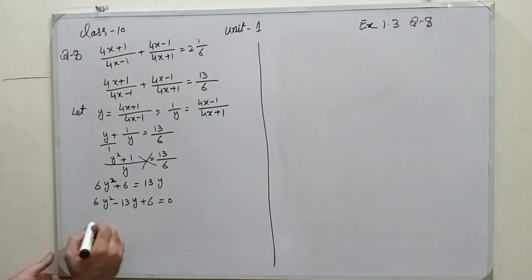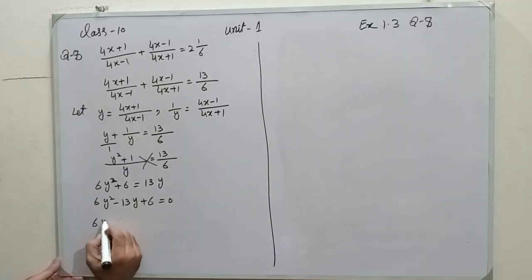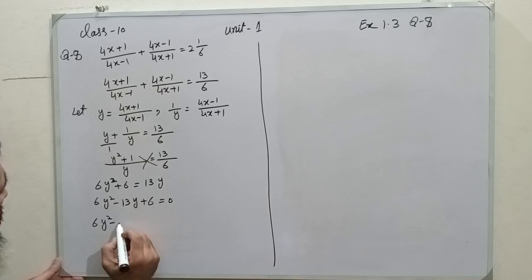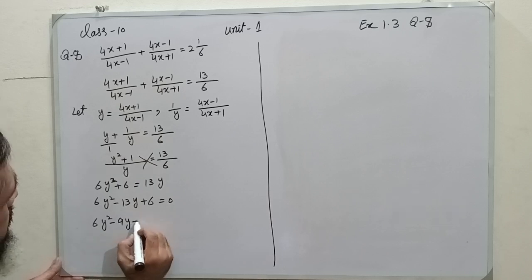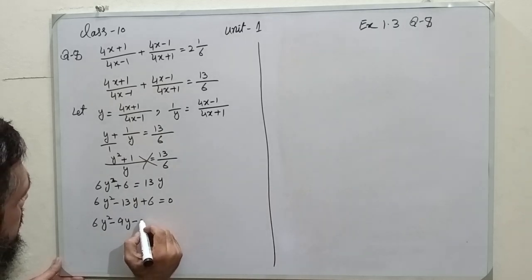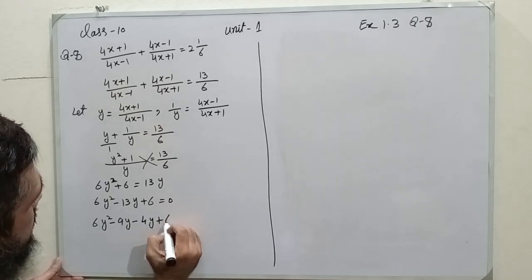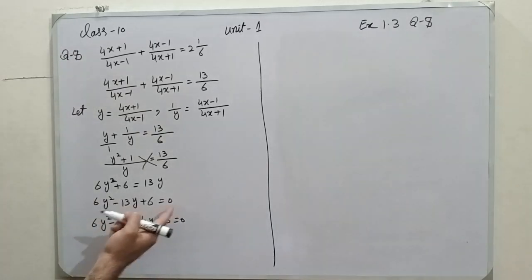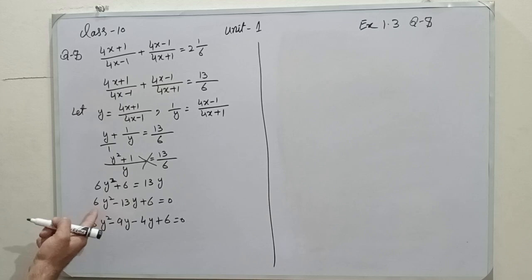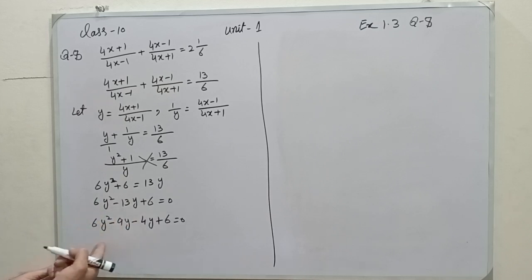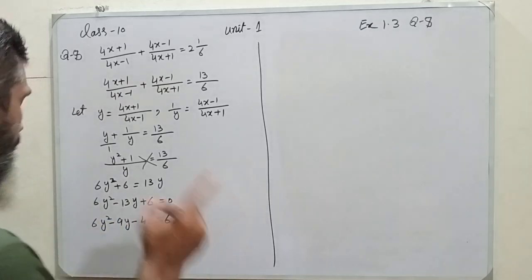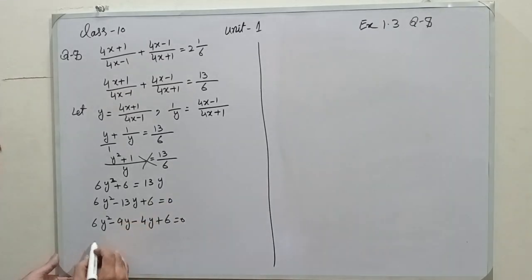So here 6y square minus 9y minus 4y plus 6, this one is the standard quadratic form. So here we will use the factorization method to solve this, as we already discussed in detail about the factorization.